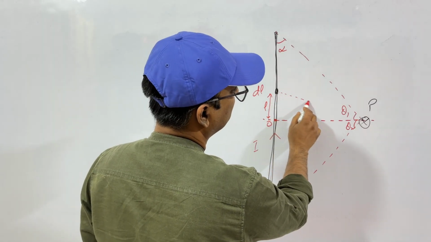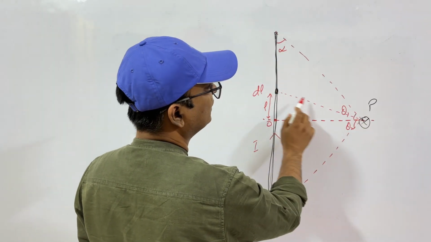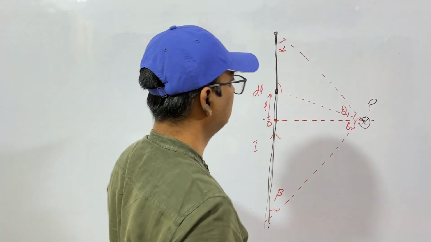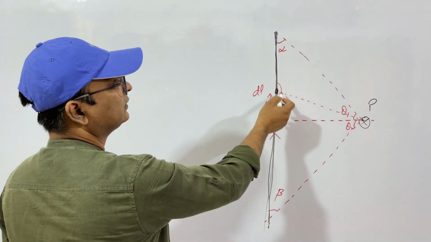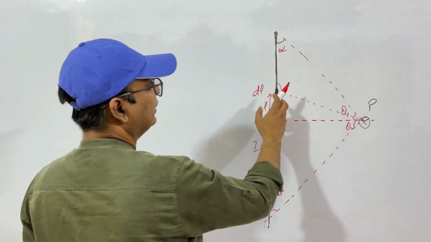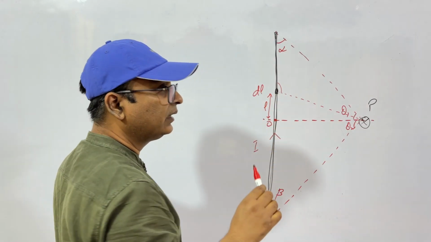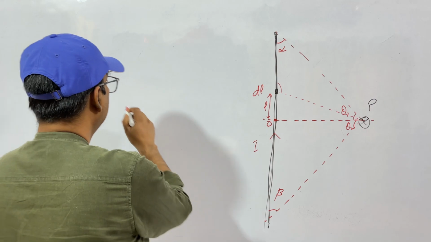Now we have to find the magnetic field intensity due to this dl element. The angle between dl and the direction of I is this. Clear? Your dl is this and the direction is this. So I dl cross, what you do?